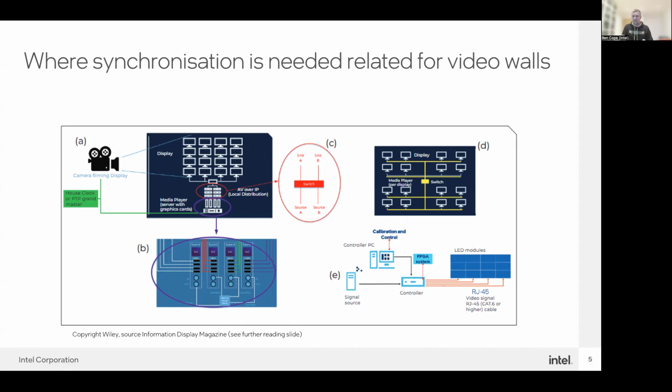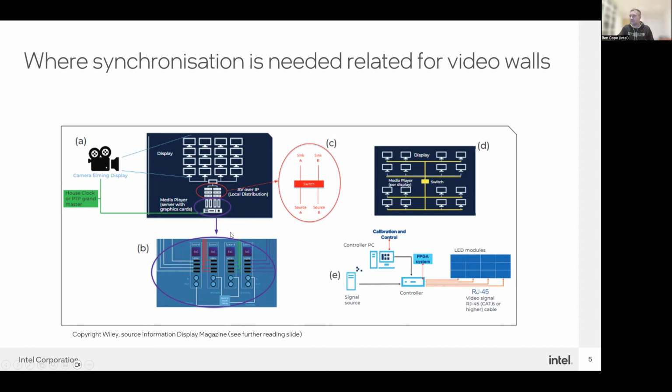Maybe you can get 3-5 meters. You certainly can't get 100 meters or 20 meters, which might be the distance between the server and these walls in big installs. So you would use these extenders over IP networks. And those, of course, need to be kept in sync. So if you've synchronized all the sources, you need to keep that in sync as the content gets to the display.